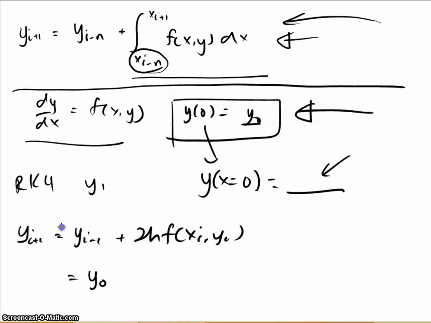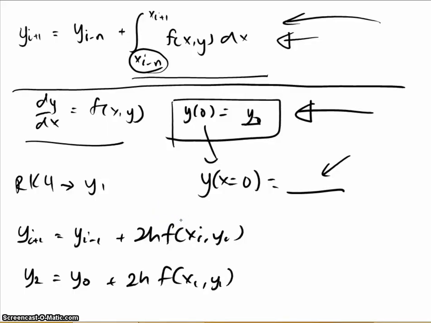Because I've used my Runge-Kutta method to find y1, the next value of y that we want to find is y2. So y2 would be given by y0 plus 2h f(x1, y1).